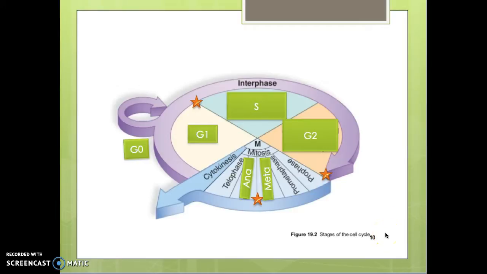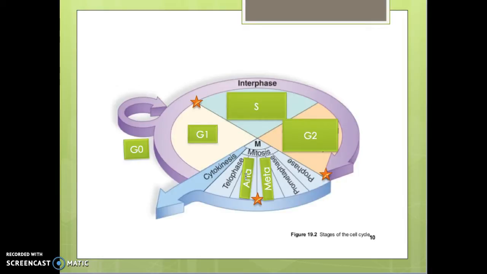And at the M checkpoint, the body will not proceed with splitting the chromosomes apart and starting this anaphase right here if all the chromosomes, or any one of them, are not connected to the spindle, and the chromosomes are already lined up in the middle of the cell because that happened in metaphase. And the spindle is produced by the MPF, which will be elaborated on later.